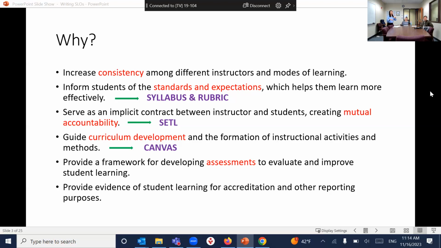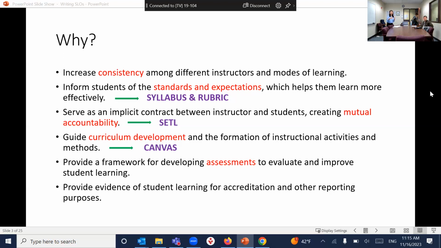The course learning outcomes also guide our faculty in curriculum development and help them form the instructional activities and methods. For example, in Canvas, you can put your course learning outcomes in your Canvas course, and each instructional module is well structured to align with the course learning outcomes.